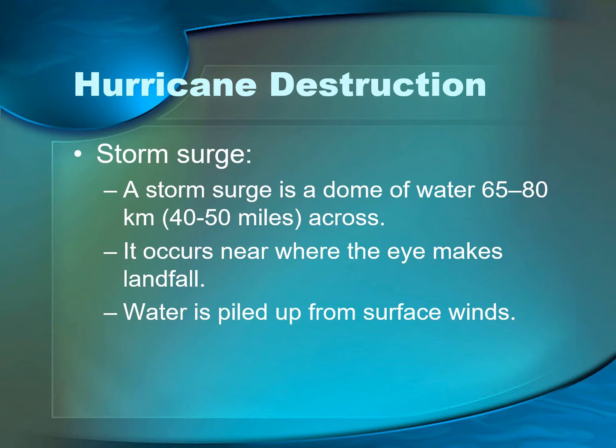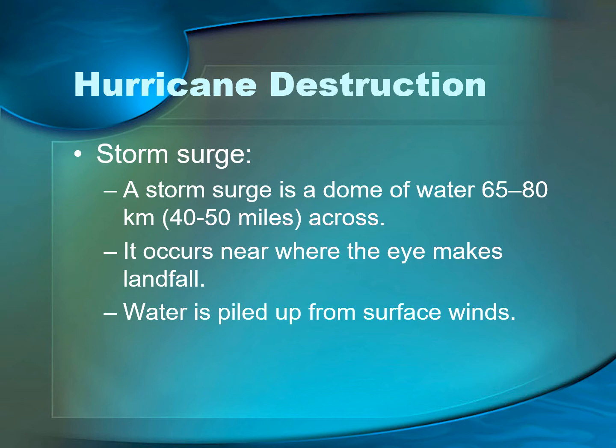And there's a couple of things going on here. So you've got a lot of winds, and the winds are blowing the water up onto the land. And think back to that table that we looked at, and think about how your category 5 can have a storm surge of greater than 18 feet. And that's just crazy.